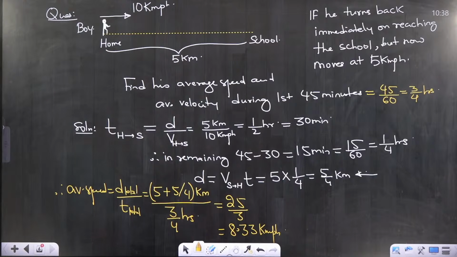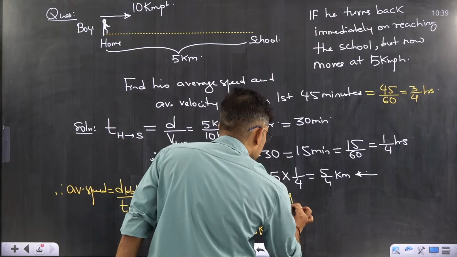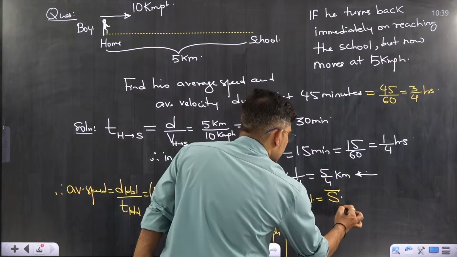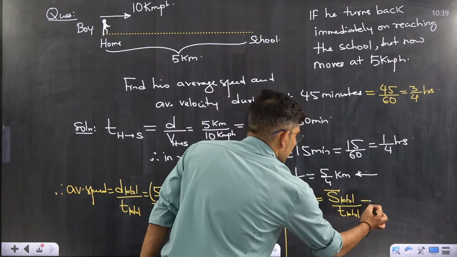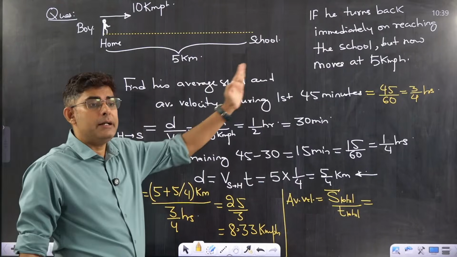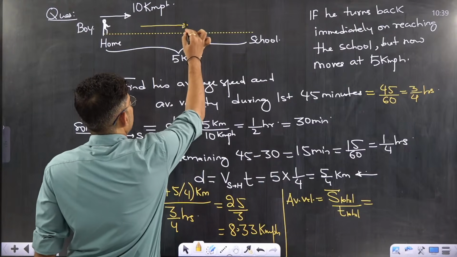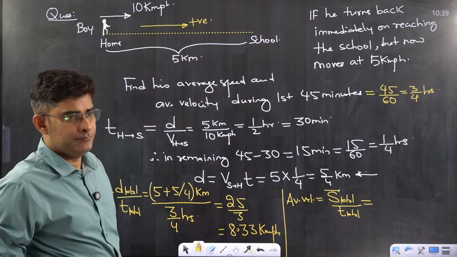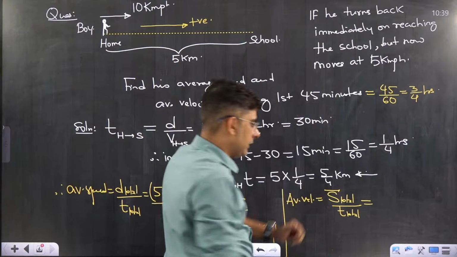Correct. Now, if you see average velocity, here the change comes. Average velocity, as I told, is total displacement by total time. But for displacement, what do we do? I have told you to take one direction as positive. So if I take this direction as positive, then the backward direction will be negative. First he traveled positively for 5 kilometers.